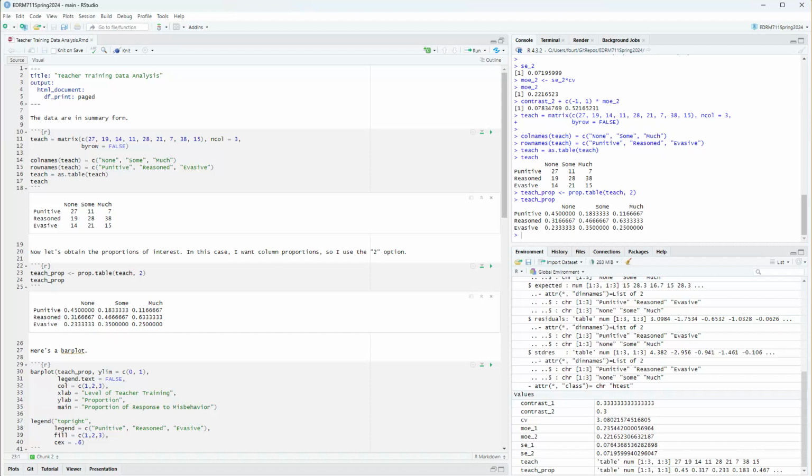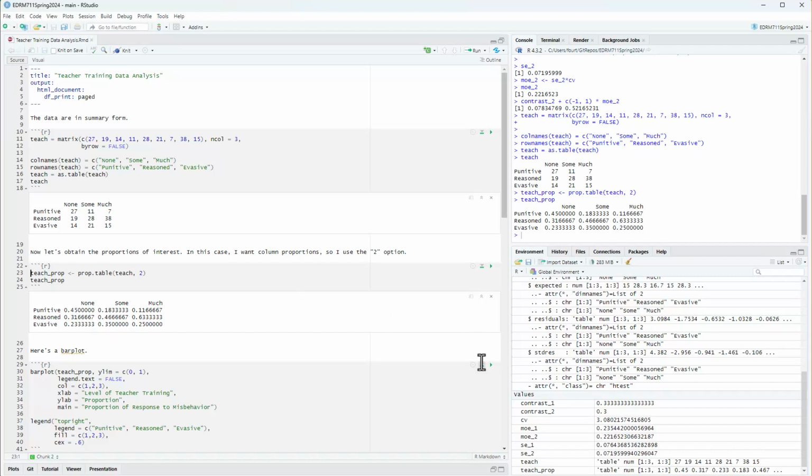In the sample, the answer is no. We see distinct differences and we could describe them. The more teacher training there is, the more reasoned the approach to misbehavior. The less teacher training there is, the more punitive the approach to misbehaviors.